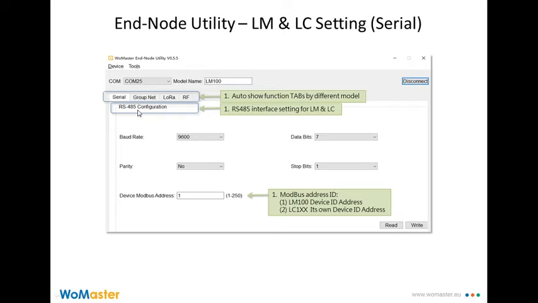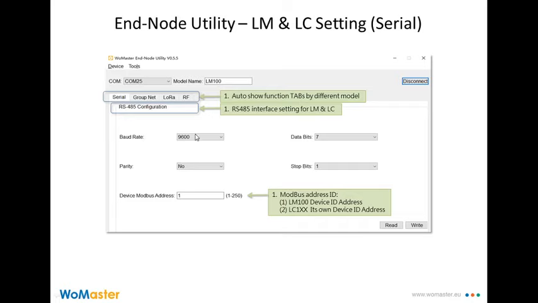Then we can set up the serial parameters first, like baud rate, data bit, stop bit, parity. For the LM, it needs to match the serial parameters between the LM and the connected devices like HMI or PC. If LC uses the RS485 to connect and monitor the devices, its parameters also need to be matched for sure.